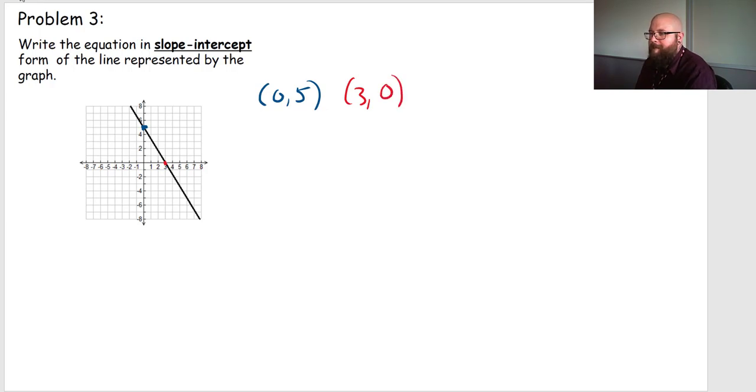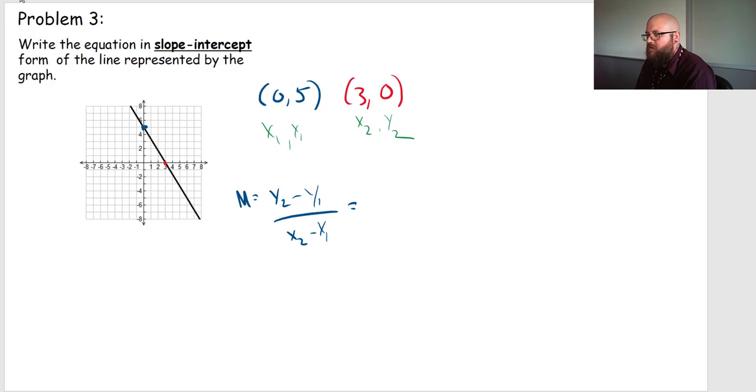Alright. So again, we could take this as x1, y1, x2, y2. So let's find our slope. Again, slope is equal to y2 minus y1 over x2 minus x1.